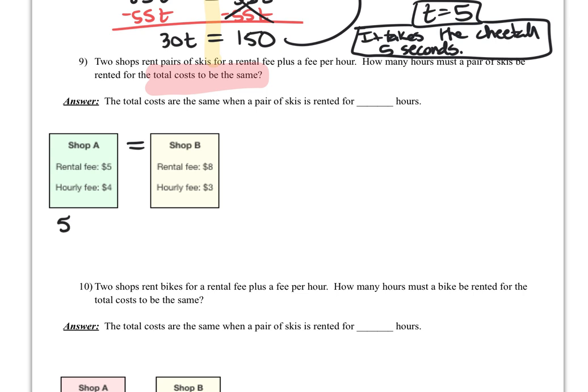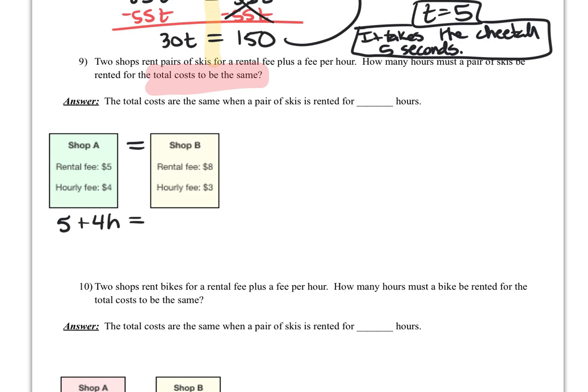And would we add the fee and the hourly together? Yep. So plus 4. We don't know the hours. Sorry, you told me to use H. Okay? So I have 5 plus 4H. 5 from the rental fee plus the hourly fee of 4 times H. We have to multiply it by the number of hours. I just don't know what they are. That's why we have to have 4H there.